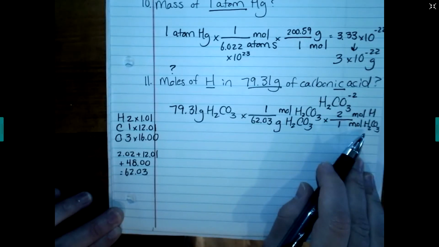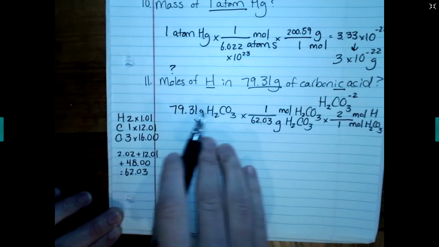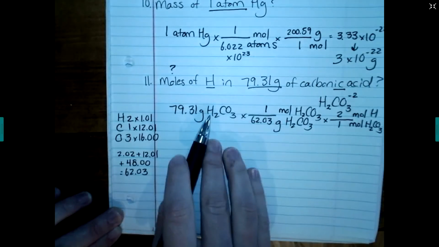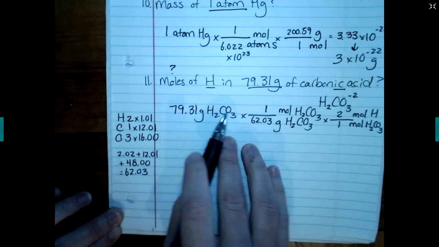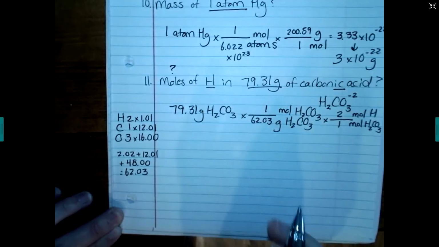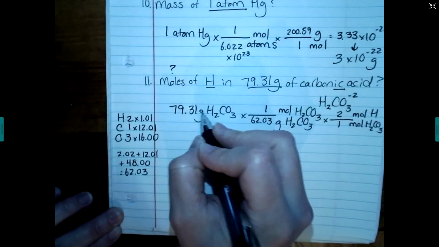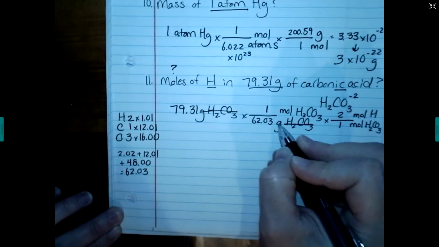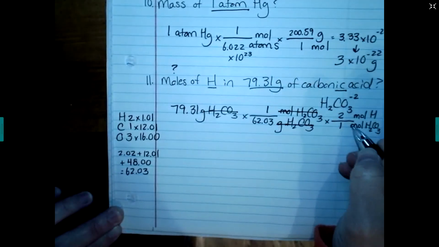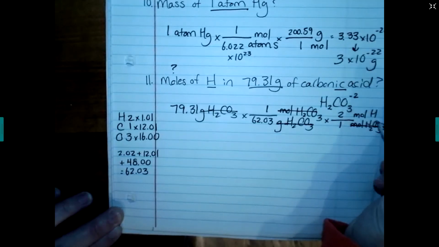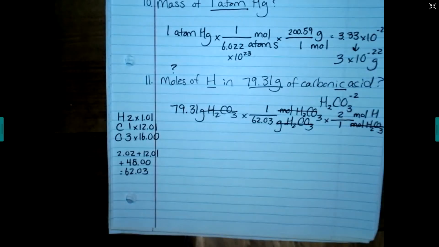I know that can be a little confusing, but when in doubt, just bring your labels down. Remember, we're canceling units, so whatever's on top has to go on the bottom in order to cancel those out. So grams of carbonic acid cancels out, moles of carbonic acid cancels out, and you're left with moles of hydrogen.